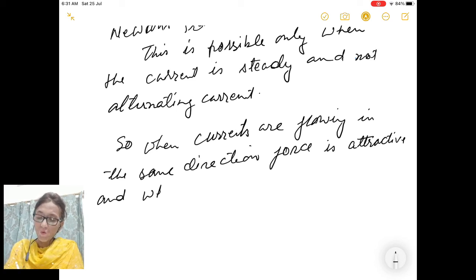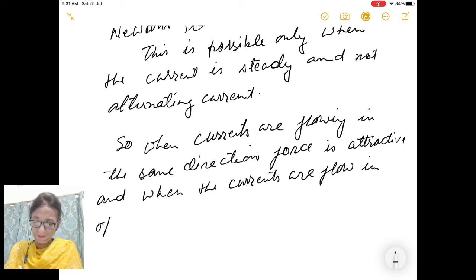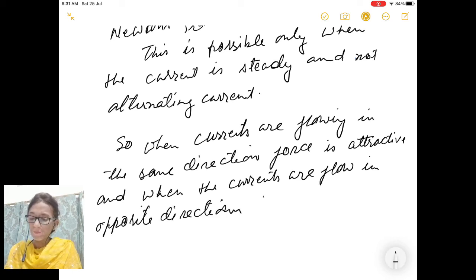And when the currents are flowing in opposite directions, the force is repulsive.